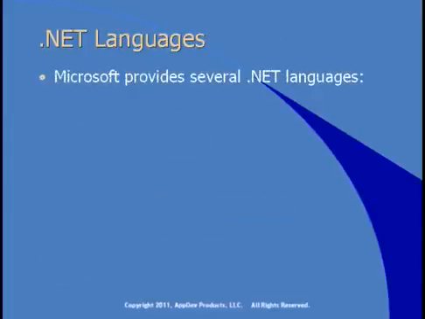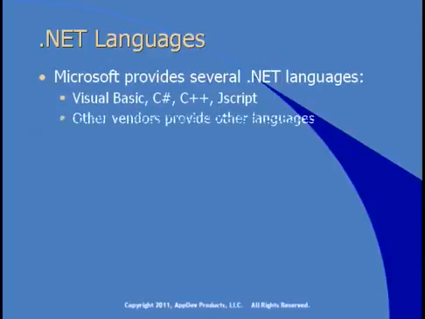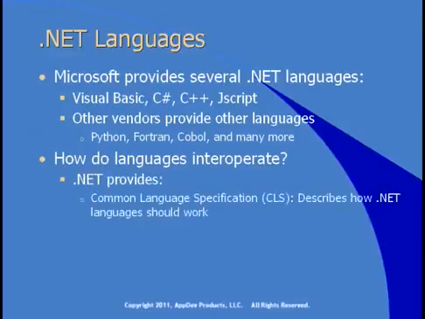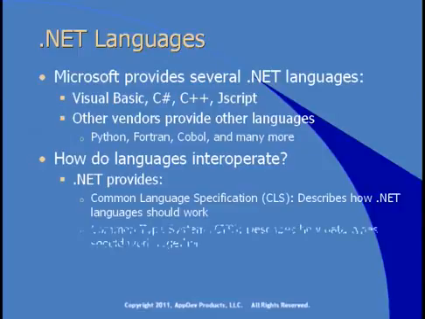Microsoft provides several .NET languages, including Visual Basic, C#, C++, JavaScript, and other vendors provide other languages like Python, Fortran, COBOL, and I don't even know what Python is, but I'm sure you do, and you'll find that you can use it within the .NET runtime environment. How do these languages interoperate? Well, .NET provides the Common Language Specification, which describes how a .NET language should work.